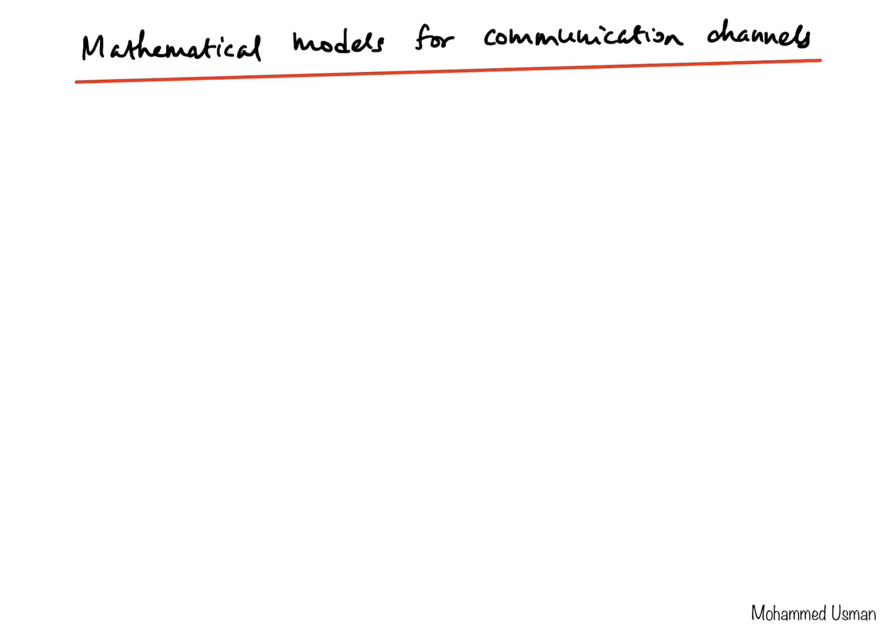So if we can represent all these effects in a mathematical model of the channel, then we can use this model to design our transmitter and receiver side to deal with those effects. So having a mathematical model makes it convenient to design the channel encoder or modulator at the transmitter side, and the decoder and demodulator at the receiver side, for example.